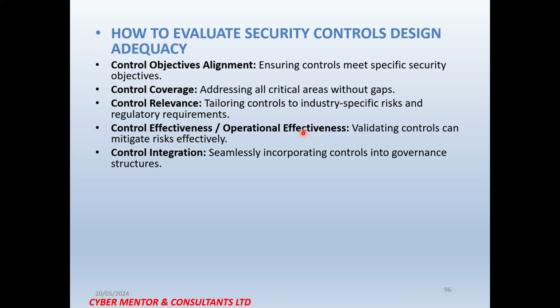So the control needs to be integrated seamlessly, so that it will not slow down or hamper your operation, or make you not do business just because you want to protect yourself. It must be seamlessly integrated. So that's what we're talking about.